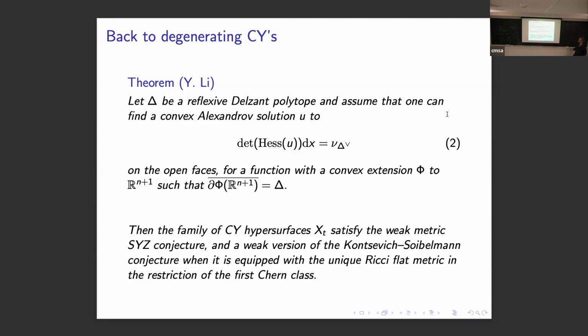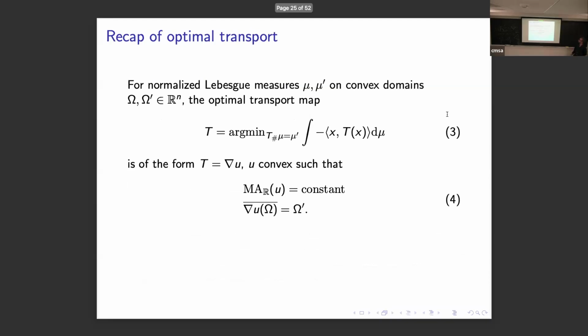In his Fermat paper, he found a solution in a different way from what we will be doing here. The idea here is to try to use optimal transport to find such solutions. And this looks reasonable because of this sort of boundary condition here. So let me give a very quick recap of optimal transport in a setting which will be useful for us.